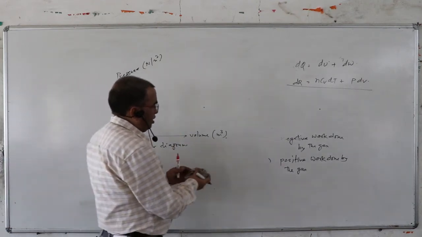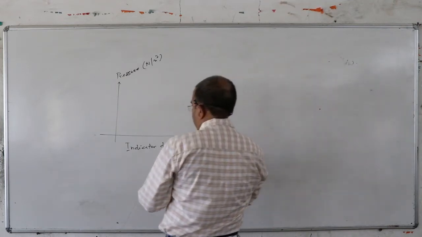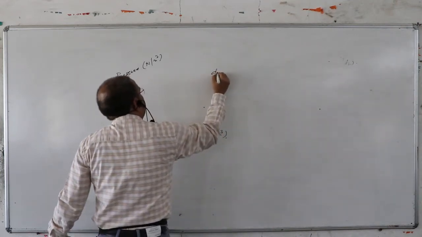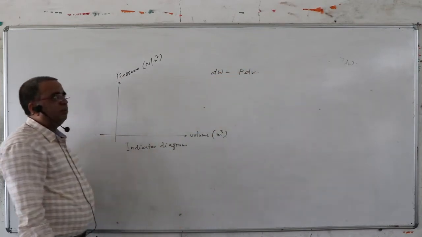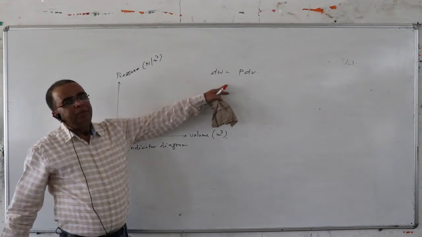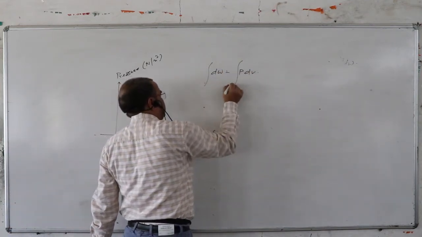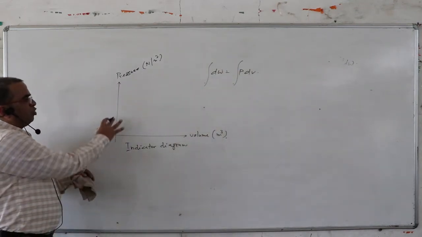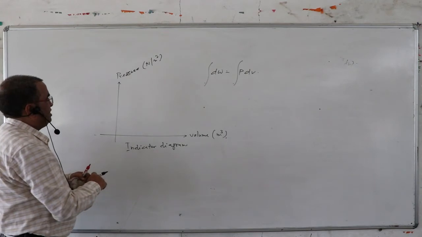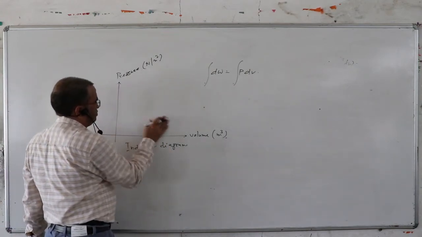In the indicator diagram, we have just seen that dW is equal to P dV, work done by a gas, a simple expression, and the total work done is obtained by integrating this. So suppose there is a graph plotted, and you get a graph like this.